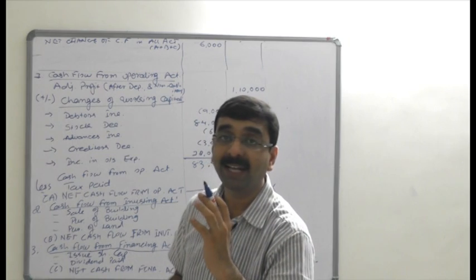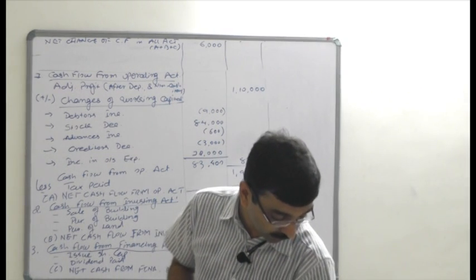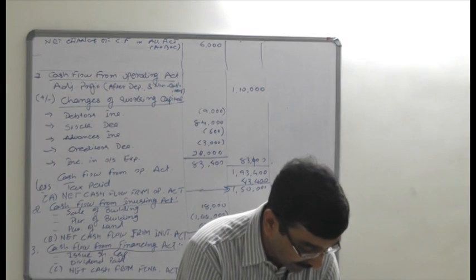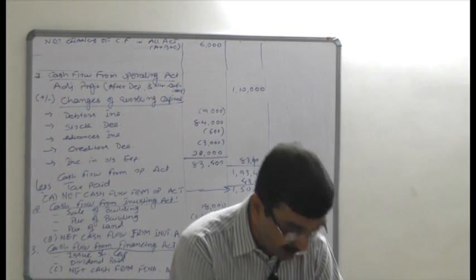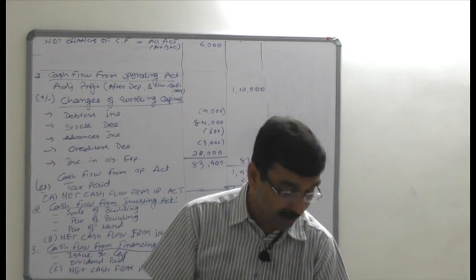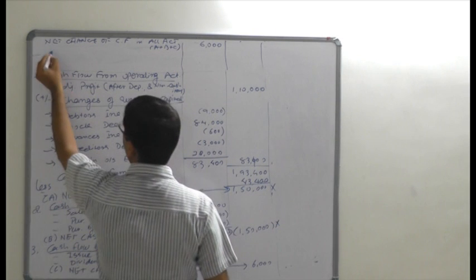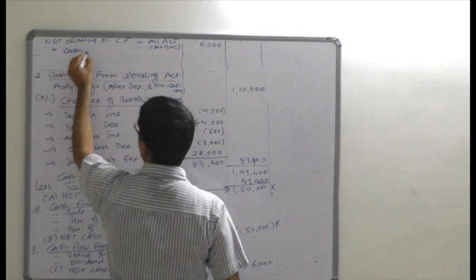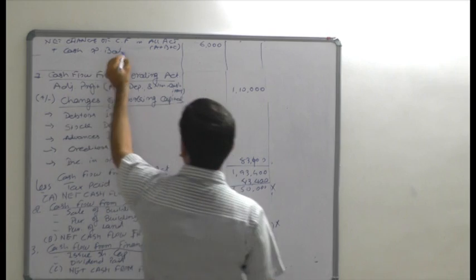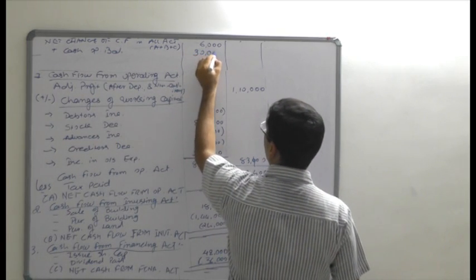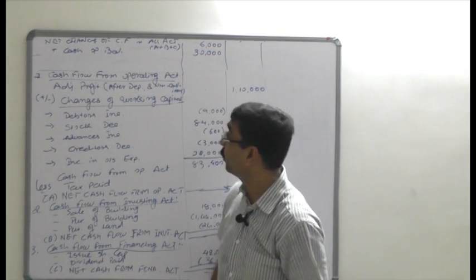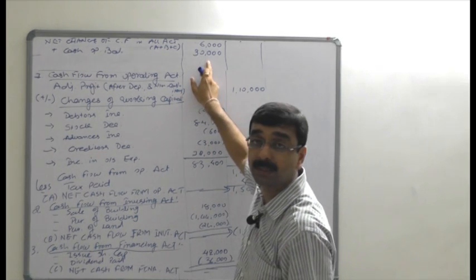Now how can we identify whether our answer is right or wrong? All of you see the balance sheet asset side, and see the cash balance, opening and closing balance. The cash opening balance is very close to 30,000 rupees. Am I right? The opening cash balance is 30,000 rupees.